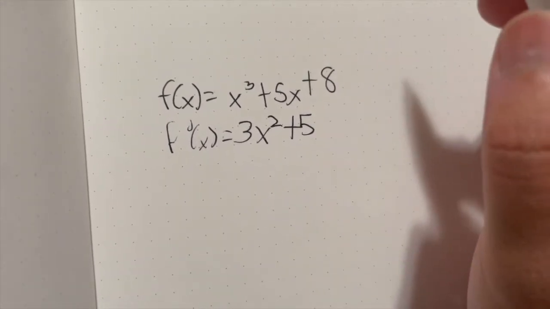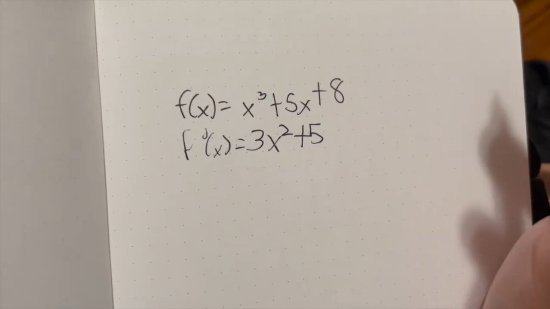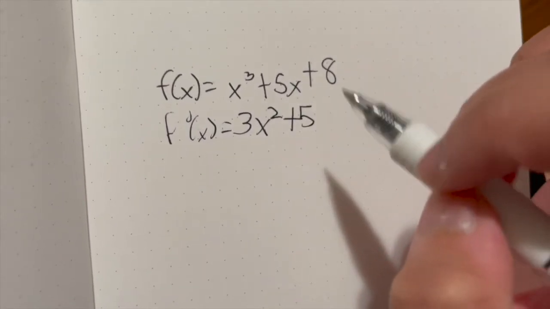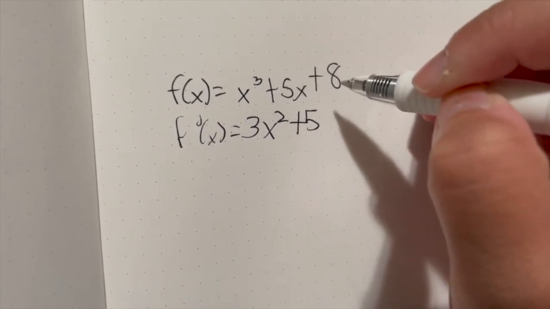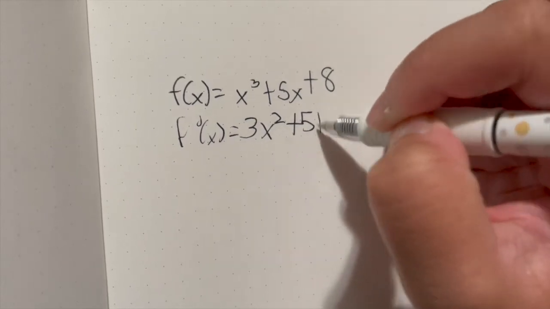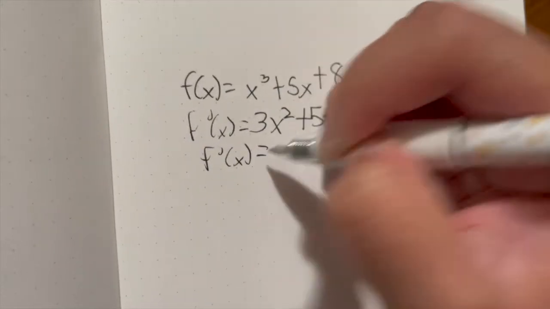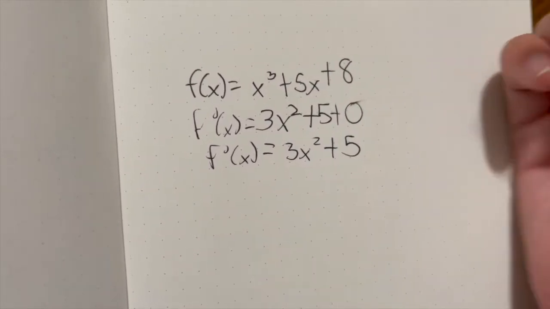So then the exponent of 1 minus 1 equals 0, and that would be x to the 0. Therefore, we wouldn't see the x, because there would be no more x. Lastly, for the constant, that would always have a derivative of 0. So, for our derivative, it will be 3x squared plus 5.